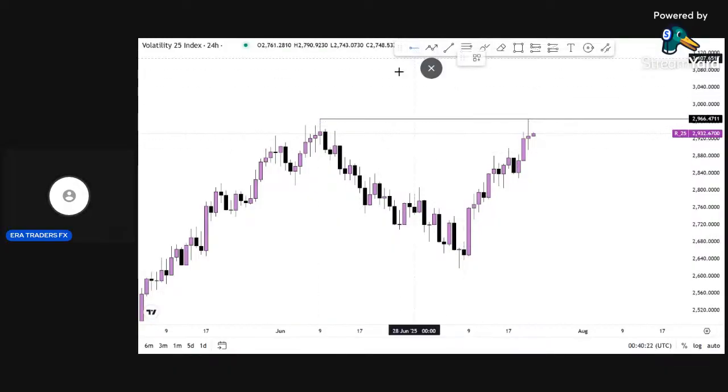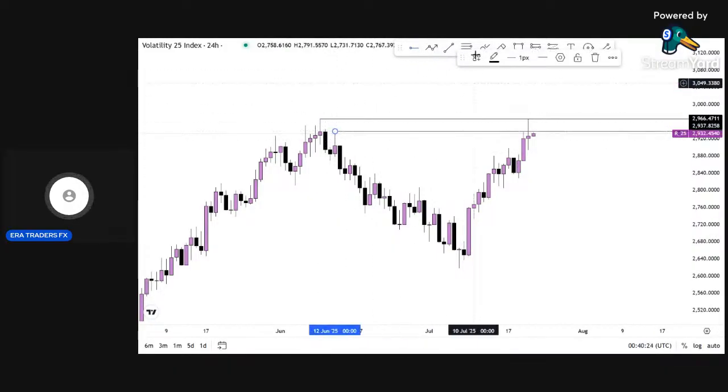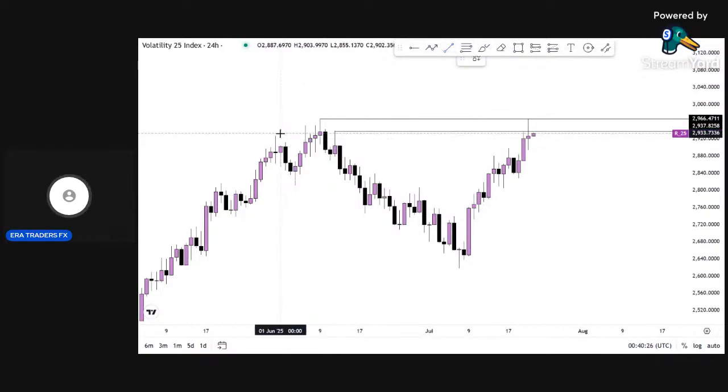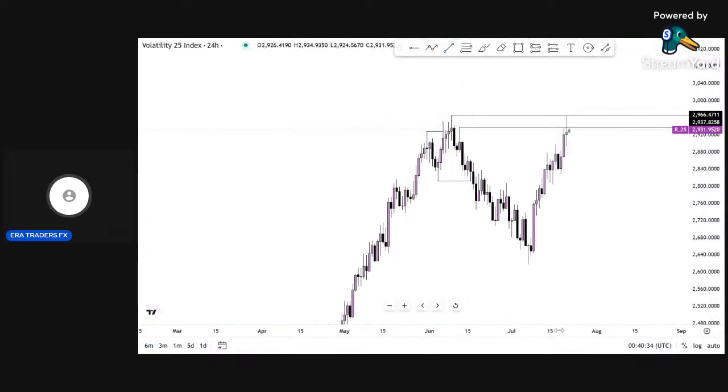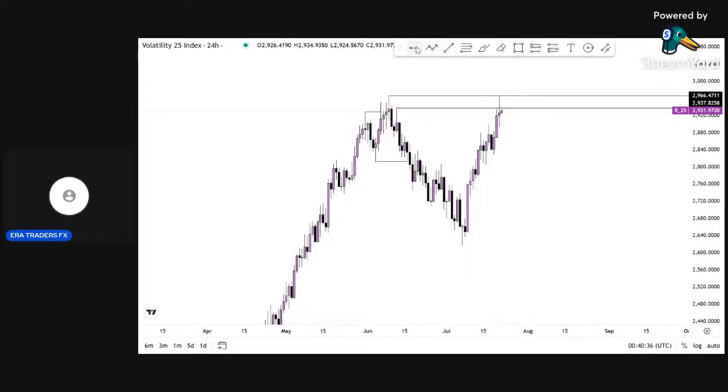Structural liquidity. Then this was the sweep of the high, and this the break of structure.